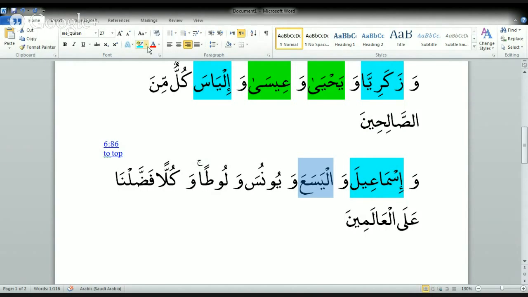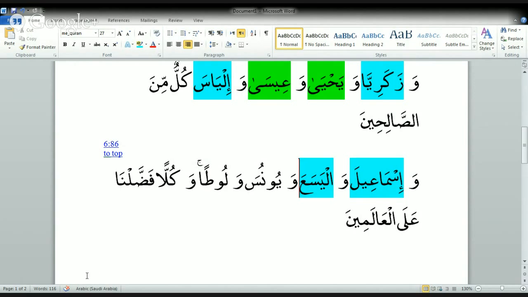Nope. It's actually partly flexible. Al-Yasa' is actually the full name. You know which prophet Al-Yasa' was? No. Yusha. Oh, okay. Yeah, Yusha. Yes. Anything else? Yunus is partly flexible.